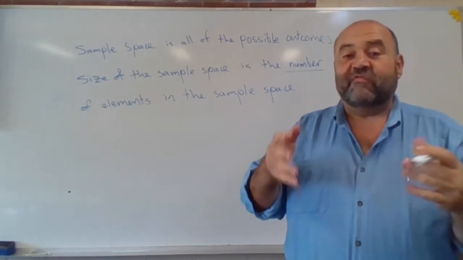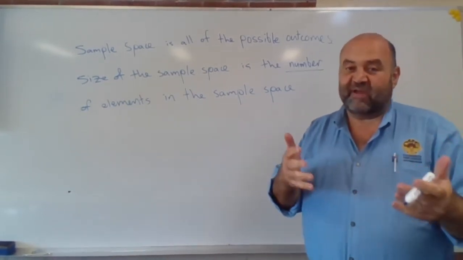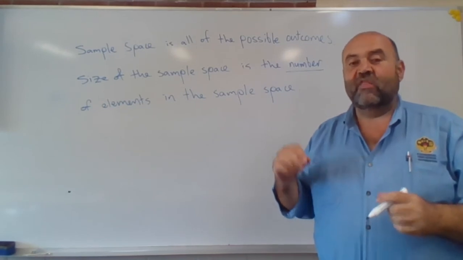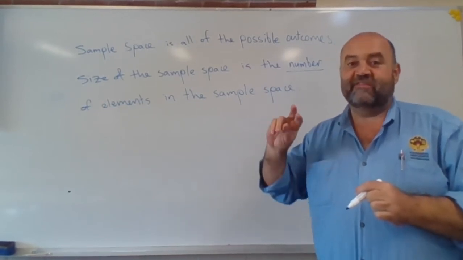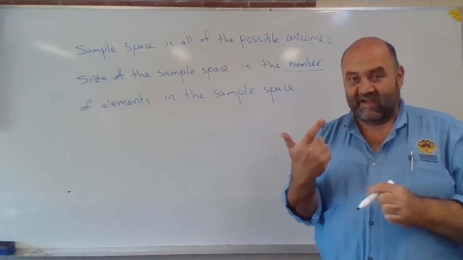So if I'm flicking a coin, the sample space is heads or tails. The size of the sample space is 2, because there are 2 outcomes, heads or tails.